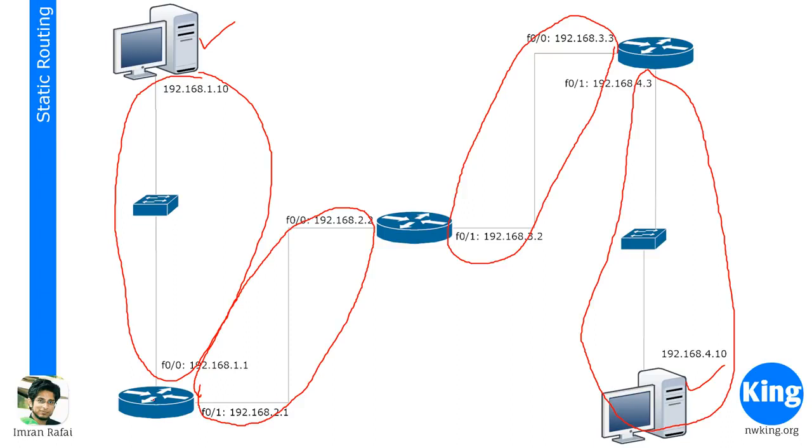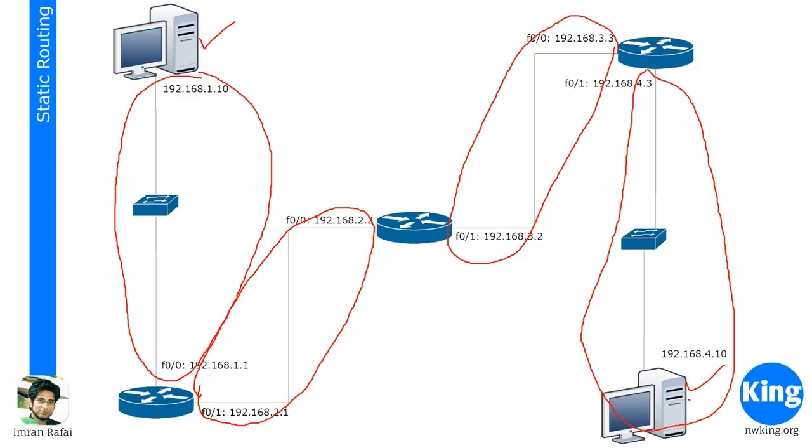It looks at its routing table, and it says, if I have to route this packet to the 4 network, I need to send it to this device, 192.168.2.2, and it forwards that packet on this line. Similarly, this device looks at its routing table, and it sees that if it has to go to the 4.0 network, it has to go through this and go to 3.3, and this device looks at its routing table and sees that the 4.0 network is connected to itself, and it gives that packet to this device, right?